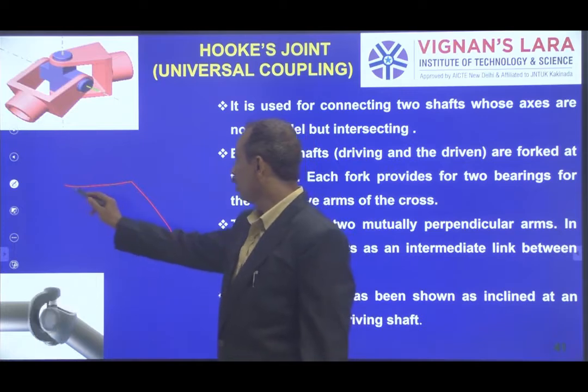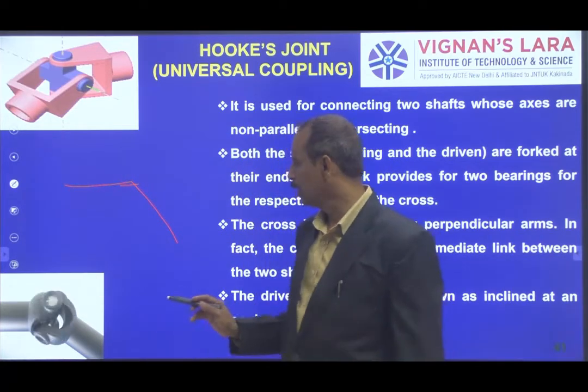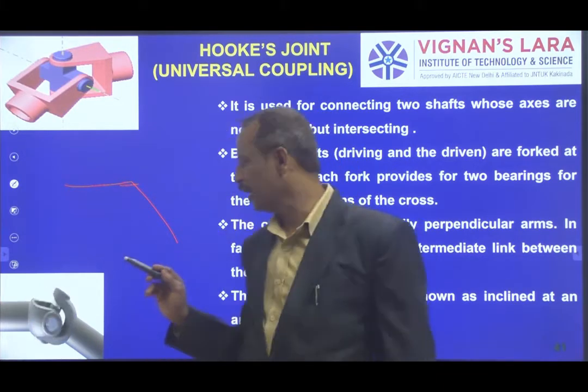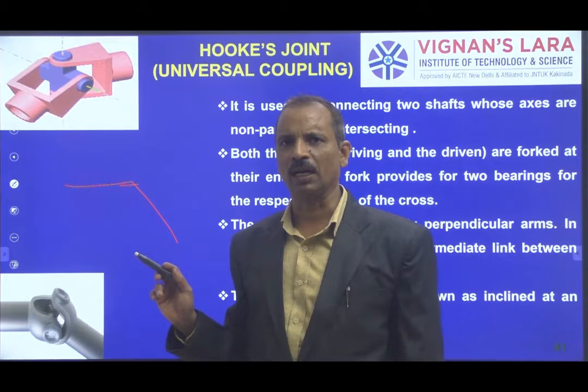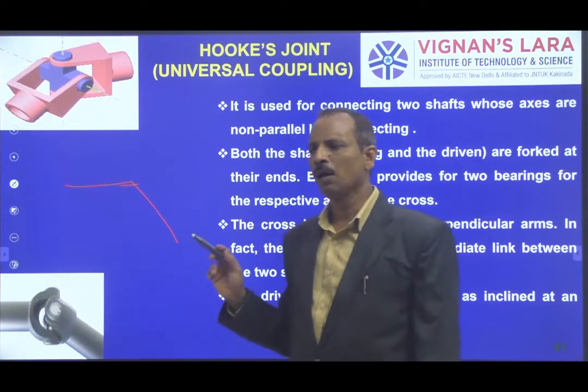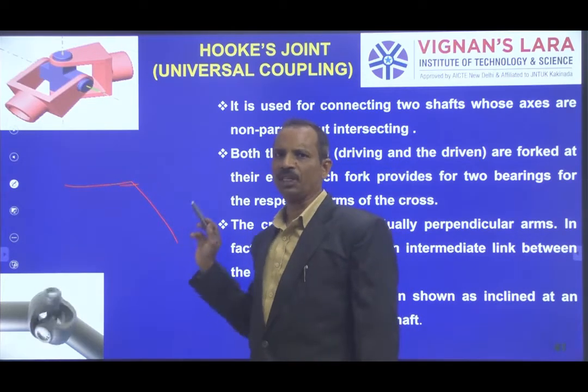I think many of you might have observed such an operation when you stand behind a four-wheeler, where a long shaft is transmitting power from the gearbox to the differential.